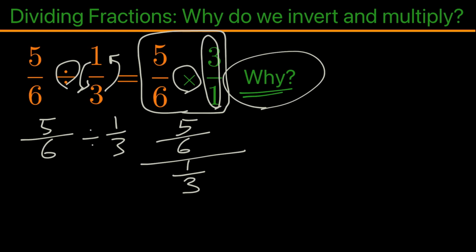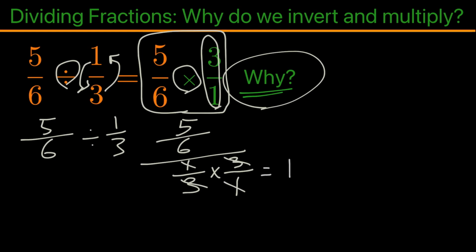As we spoke about, multiplying by the reciprocal equals 1, so we are going to make the denominator into 1 by multiplying it by its reciprocal. The denominator is 1 over 3, so we multiply that by 3 over 1, and that essentially becomes 1.